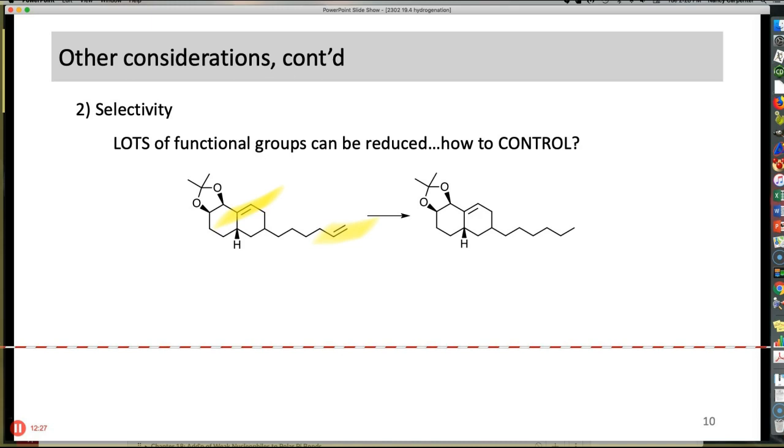The one at the tail, the monosubstituted one, is a lot easier to get to, a lot more accessible, a lot less crowded. So you can control the reactivity simply by sterics. Just keep the conditions mild. Watch the reaction. This will get reduced first, and then you can work up the reaction and you're good to go.